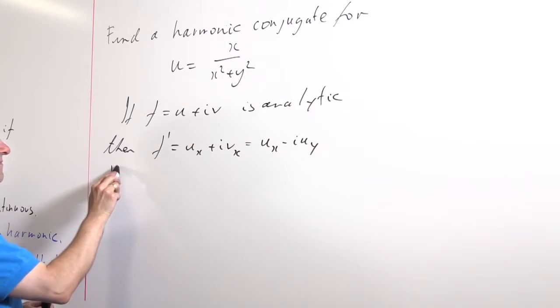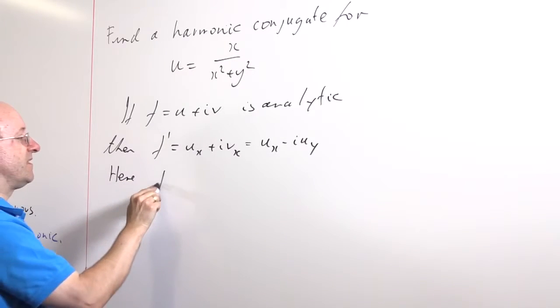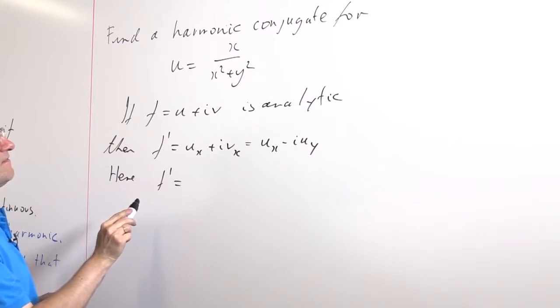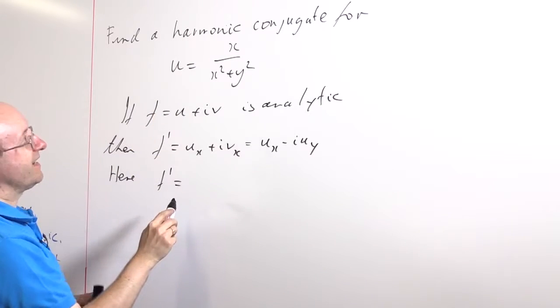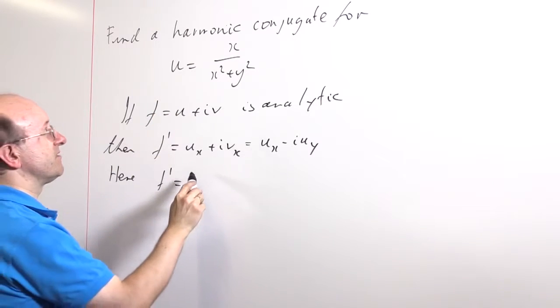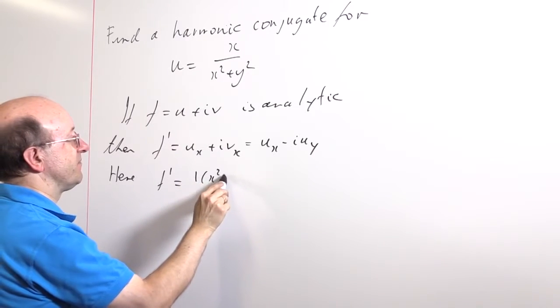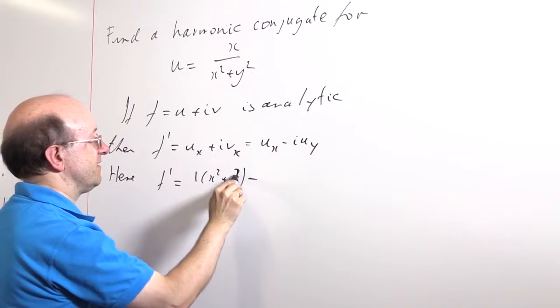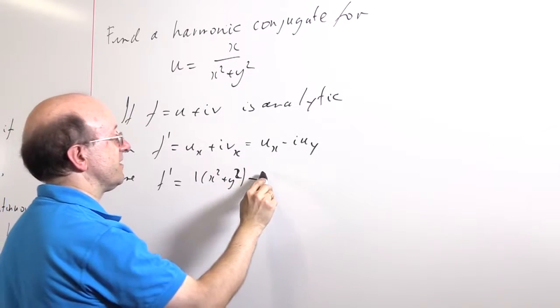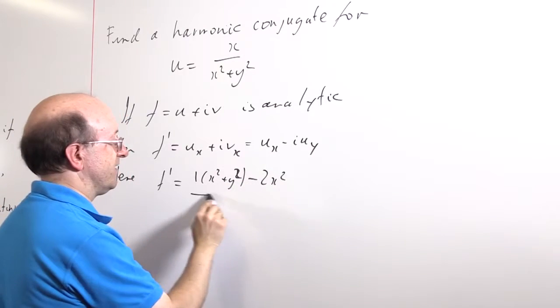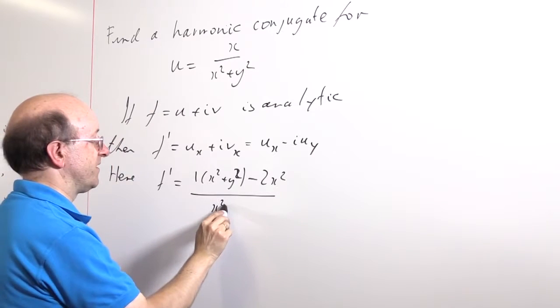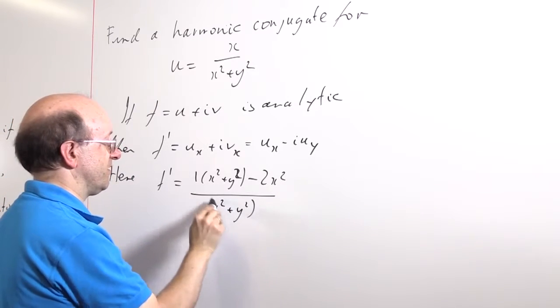So in this example, f dashed is, well, differentiate this thing with respect to x, and it's a quotient, and we'll see just how unpleasantly messy it is. We're going to get 1 times x squared plus y squared minus x times 2x, divided by x squared plus y squared all squared.